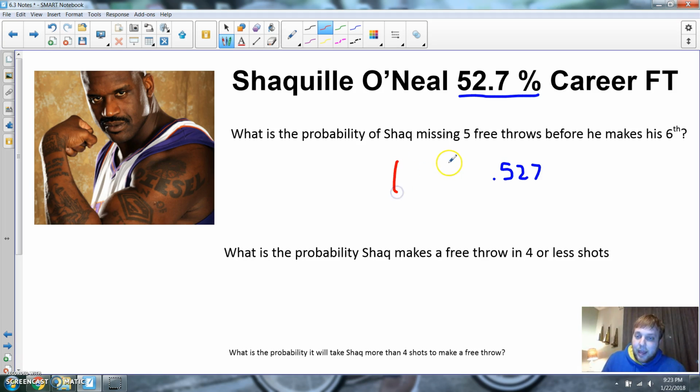And the opposite of that would be 0.473. And how many of those do I want? I want 5 misses. I'm going to do shorthand. So 5 of these, and then a success. So 5 failures, 1 success, multiply them together.